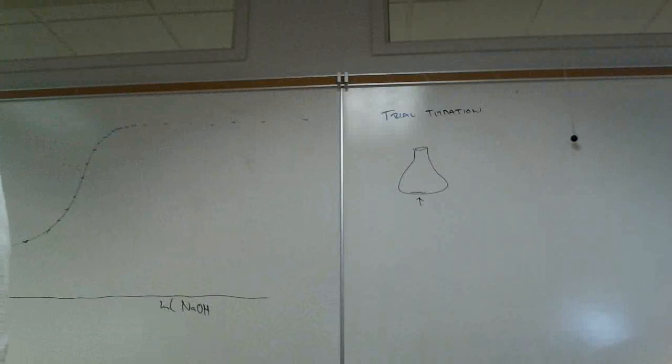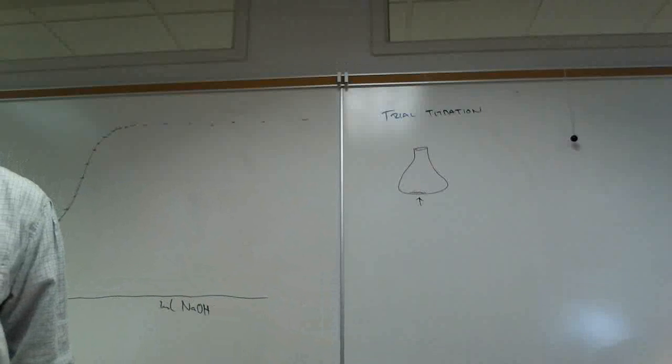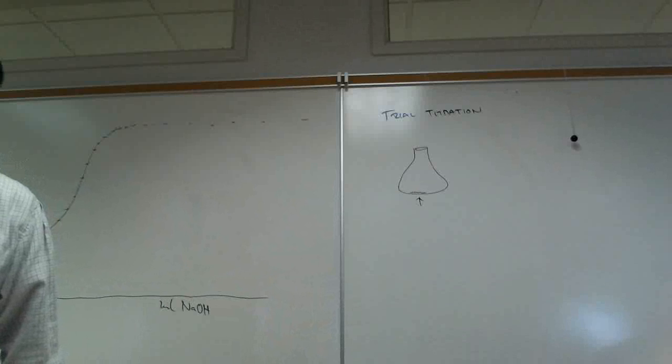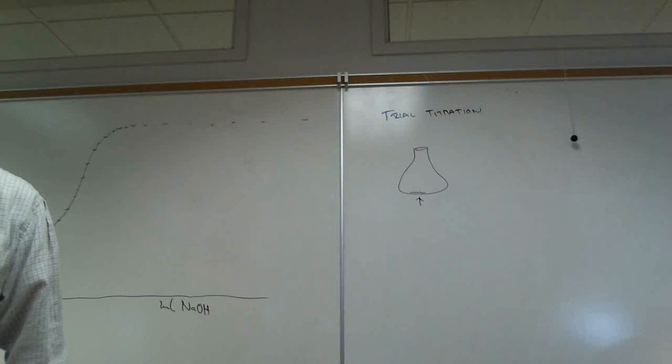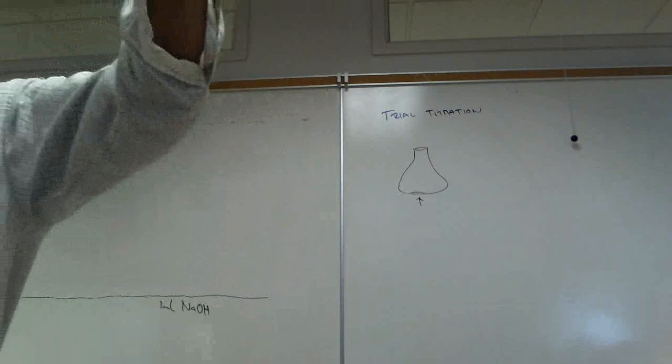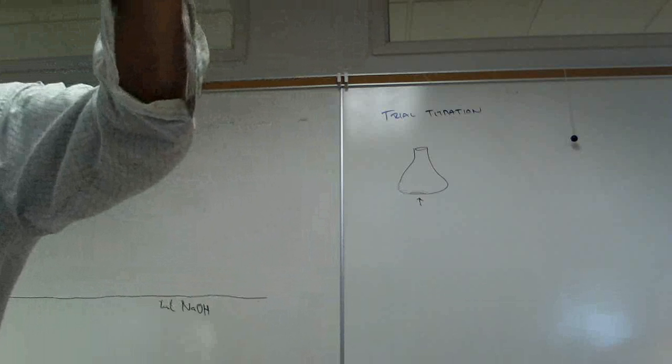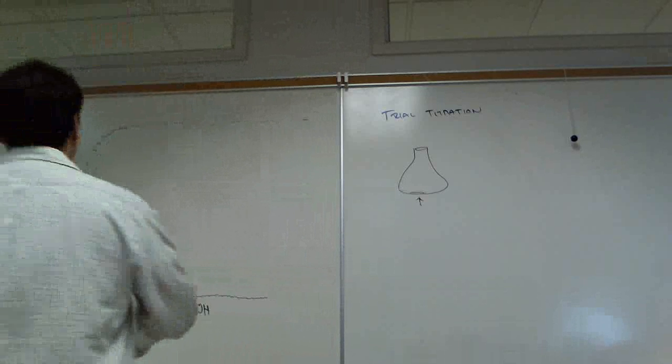And so when you get your unknown, you're going to have a suggested sample size there. That's not the sample size that you want to use. That's just suggested, so you don't have to waste a lot of time guessing and then trying it, guessing and trying. And so you use that, it should fall between 0 and 50 milliliters, right? But the optimum is this.